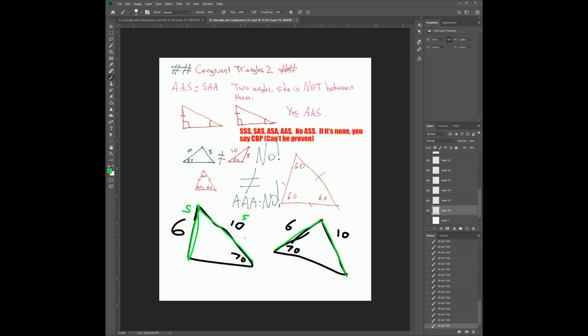Then you mark this as an angle, because this angle is the same, and this angle is the same. But now we have side, side, angle, which doesn't work, so the answer is no. CBP.